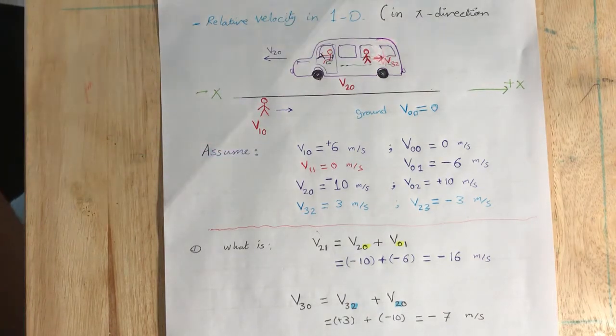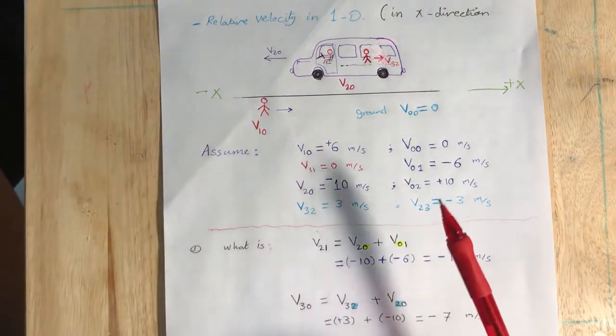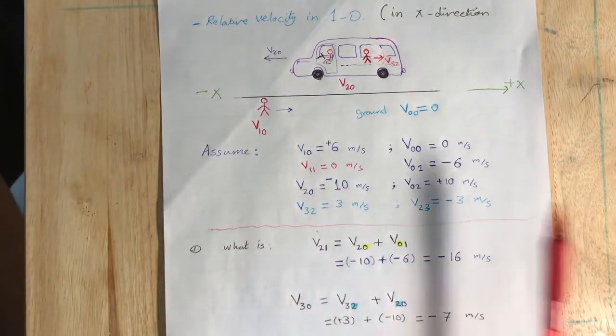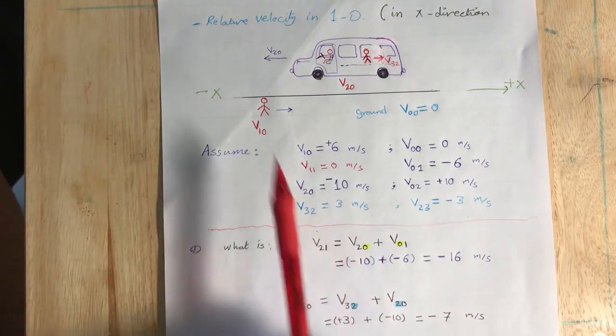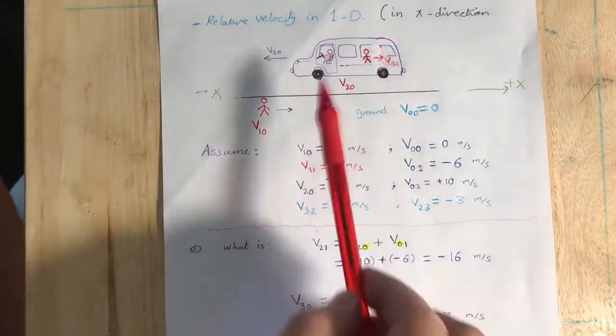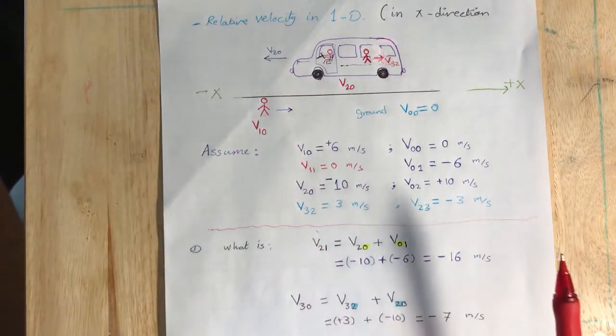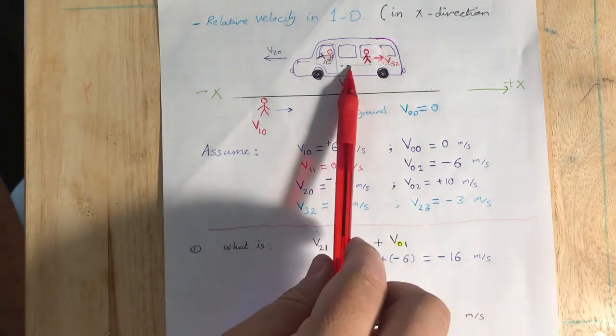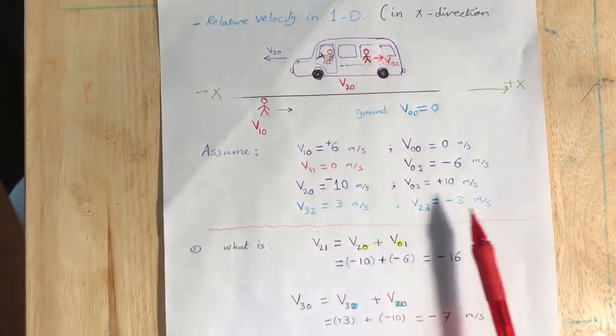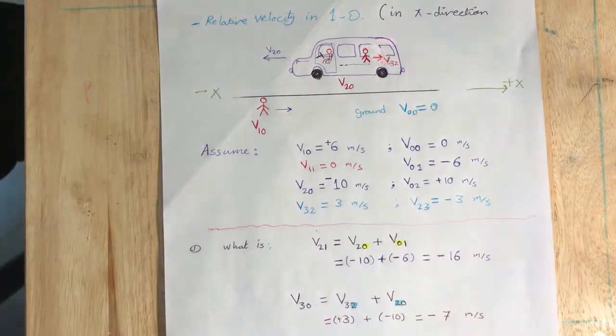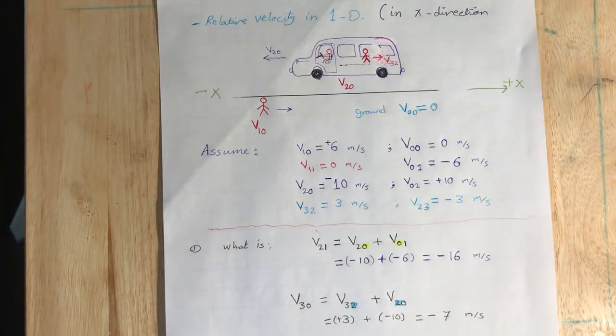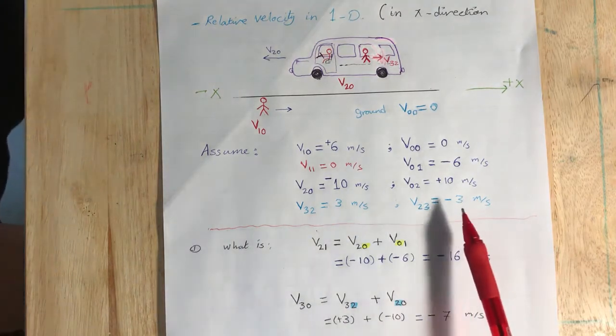He is moving inside the bus with velocity positive 3 with respect to the bus. What is the velocity of the bus with respect to that person? It is negative 3. So the person sees the bus moving in the opposite direction with the same velocity.